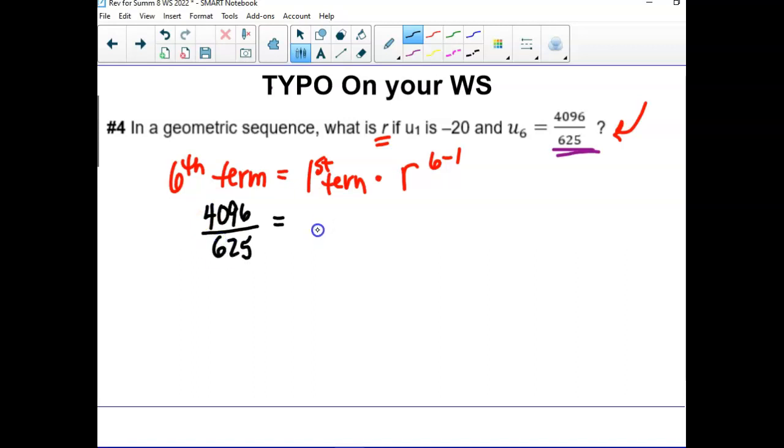And the first term they told us was negative 20. And then it's times r. If we had written out, there would have been missing terms in between there, and we could have counted blanks, but it really doesn't matter. We use this idea, and it's just going to be a 5. You had to multiply 5 times to get to the 6th term.